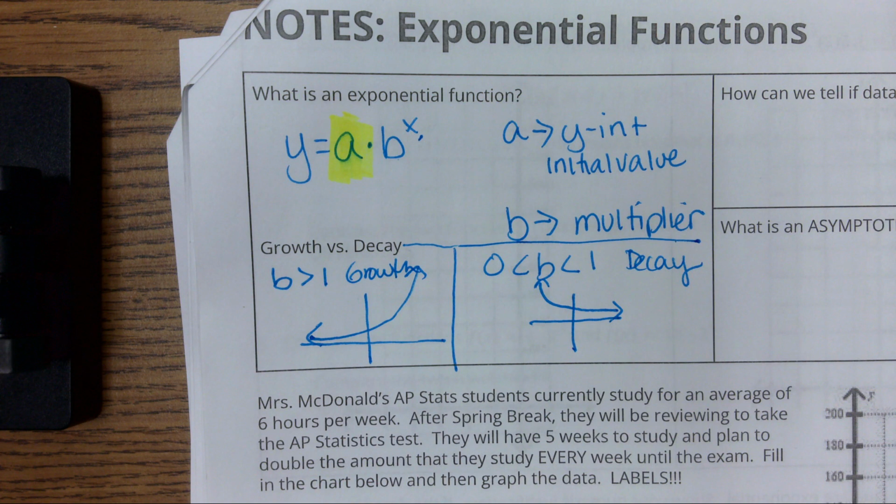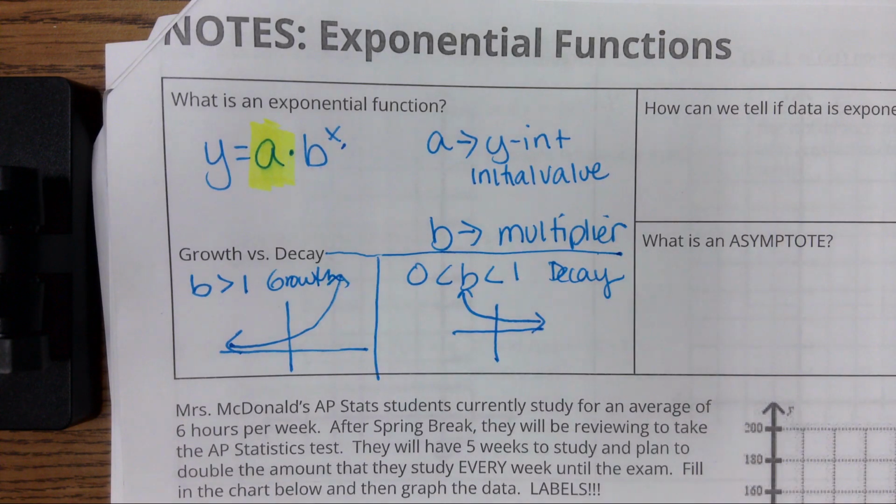A couple things. First of all, what if I have a bunch of numbers and I'm asking you what kind they are? Are they lines or are they exponential data? If they are linear, remember that phrase, linear? When you subtract the values, they'd have the same difference, because the slope means the same rise over run. Exponential, when you divide them, they'd have the same ratio because they're multiplied by the same value. So how can we tell if the data is exponential or not?